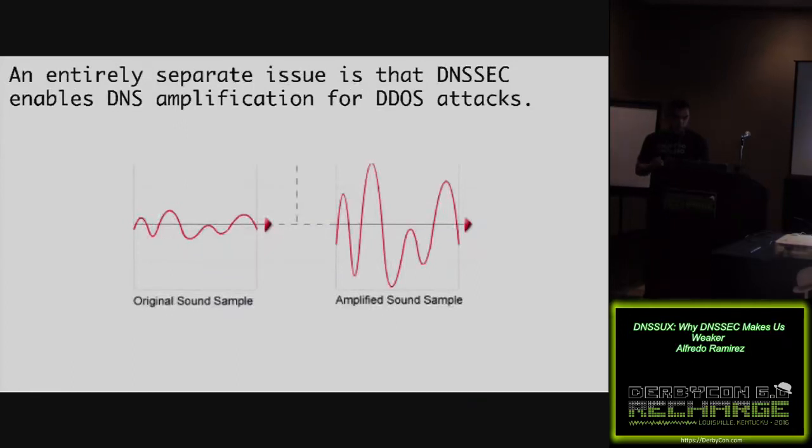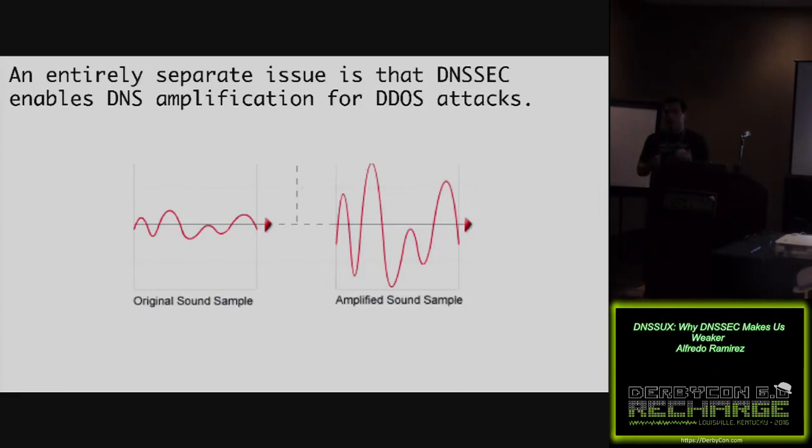Yeah, so that was NSEC, and then another issue that is not really related is the issue of amplification, which in some sense NSEC does have to do with. When you add signing and large keys, your DNS responses end up being way larger than they used to be.